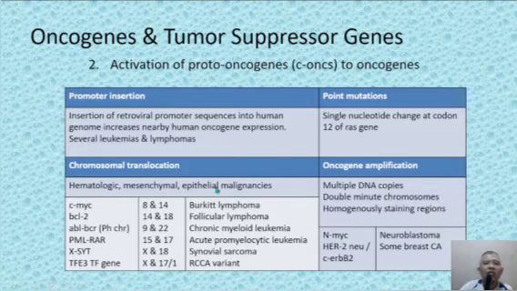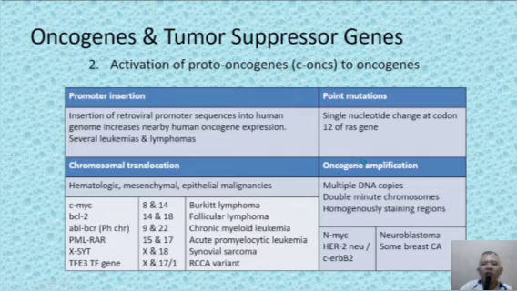Next is chromosomal translocation. For example, you have these genes leading to a translocation of this chromosome, leading to these malignancies.